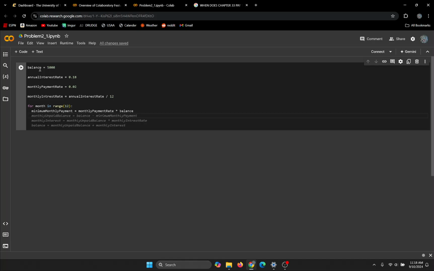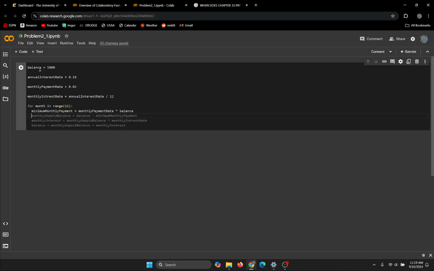Yes, so what that does is your minimum monthly payment is going to be the rate at which we set the monthly payment rate, which is above at 0.02. You're going to multiply that times the balance, and that's how much you'll be paying a month.